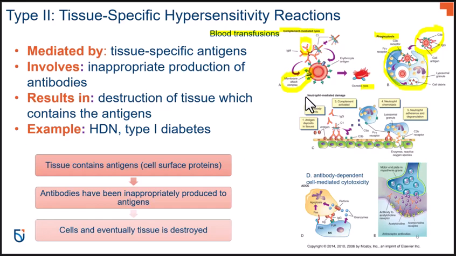In this next example, titled neutrophil-mediated damage, tissue damage can also be caused by toxic products that are produced by neutrophils themselves. So how exactly does this happen? Let's say there's some sort of antigen in our body.